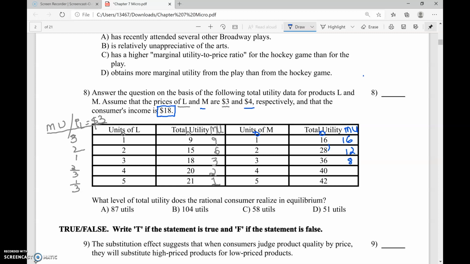The next number is 4. The next number is equal to 2. As you can see here, the concept of diminishing marginal utility is in play because the marginal utility numbers keep going down.